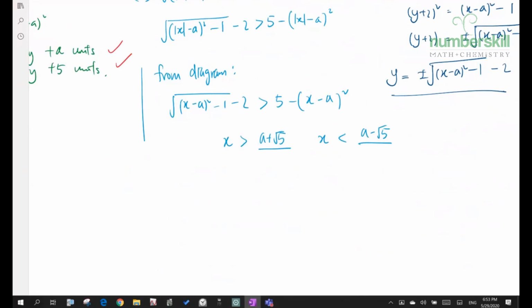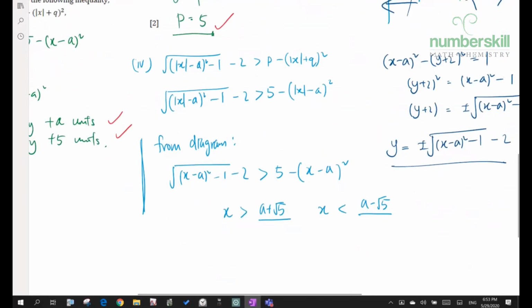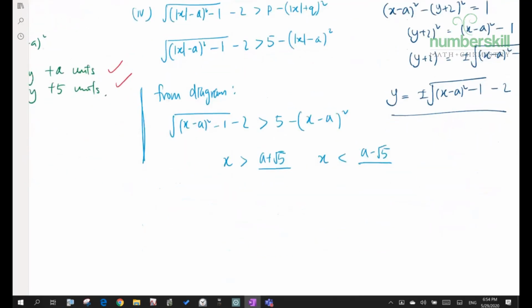So from the diagram, we understand that to solve this inequality, this is the answer. Agree? Now, since a is root 5, the answer is x is more than 2 root 5, x is less than 0.